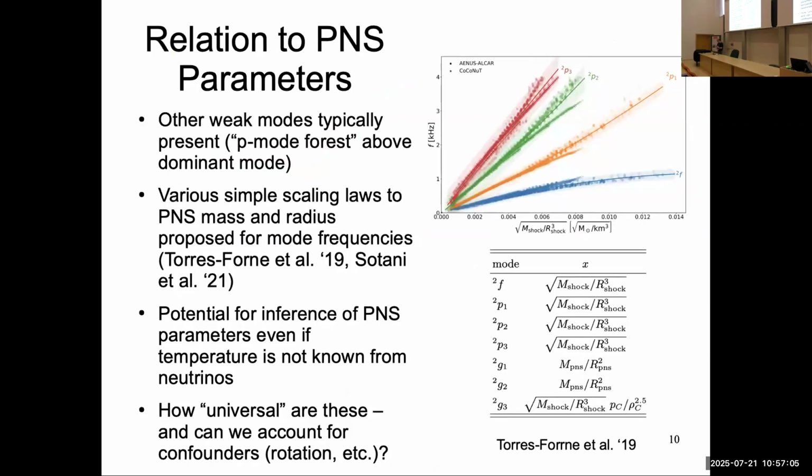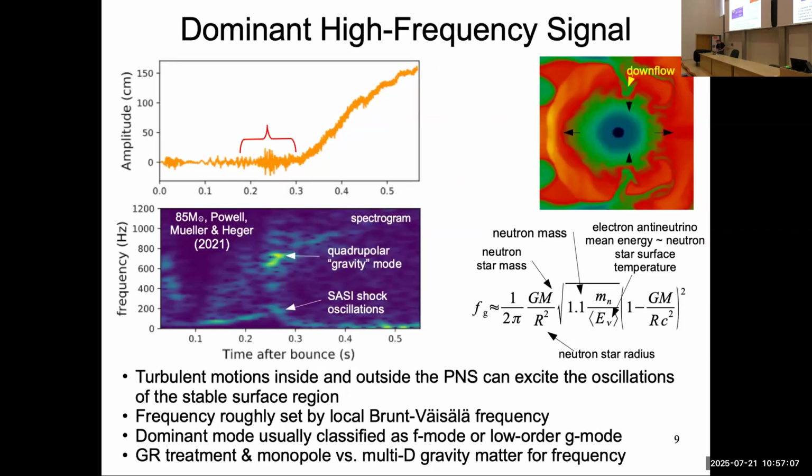Right. Now, the interesting thing about this high frequency signal is you can already tell from this relatively simple fitting formula that this is something that promises to yield some information about proto-neutron star structure, right? If you use that formula of mine, and if you believe that it works well, of course, you would need information on the neutron star surface temperature from neutrinos.